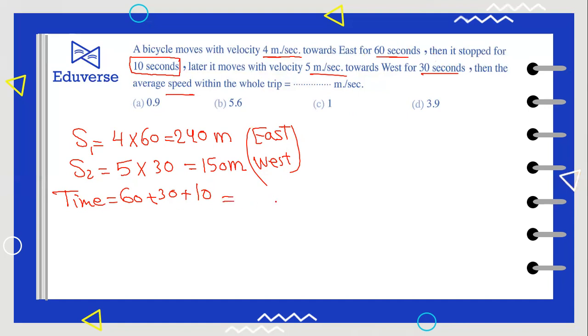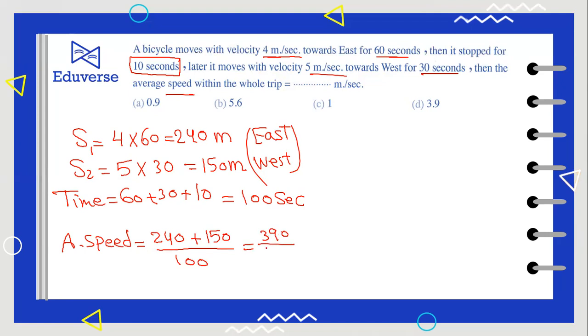Then the total time is 100 seconds. Average speed equals total distance, 240 and 150, divided by 100, equals 390 divided by 100. It will be 3.9. The last answer.